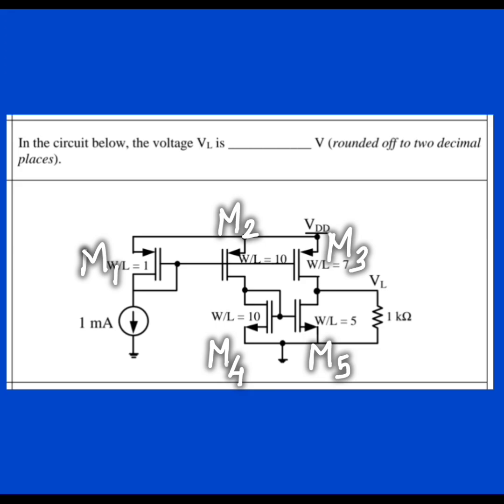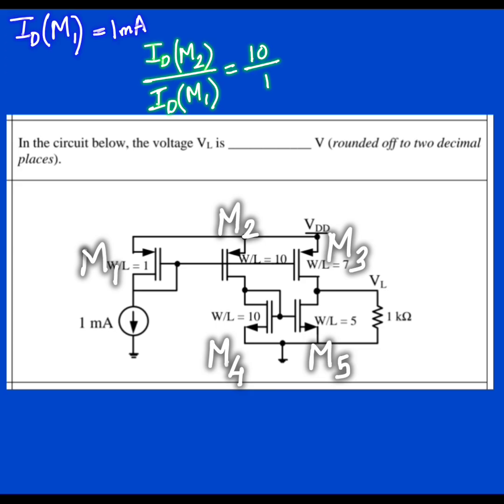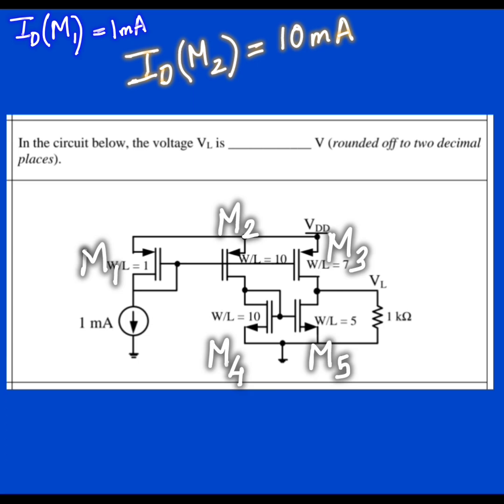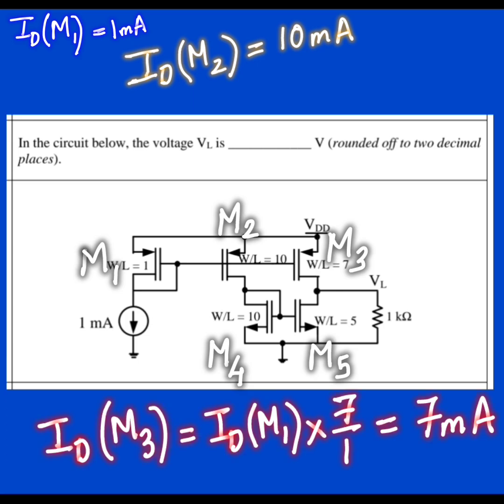Then you will see that the 1 milliampere current flowing through MOSFET M1 will be mirrored to M2, but then 10 milliampere current is going to flow through M2. And the one over there, M3, has 7 times the 1 milliampere current, so 7 milliampere current is going to flow.